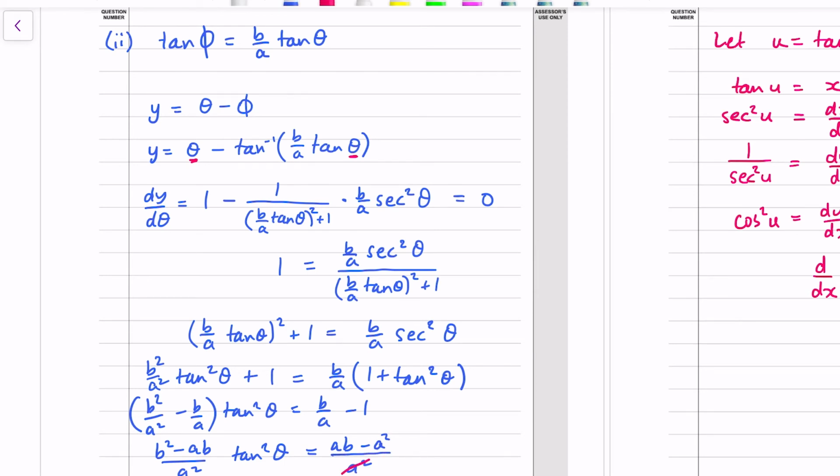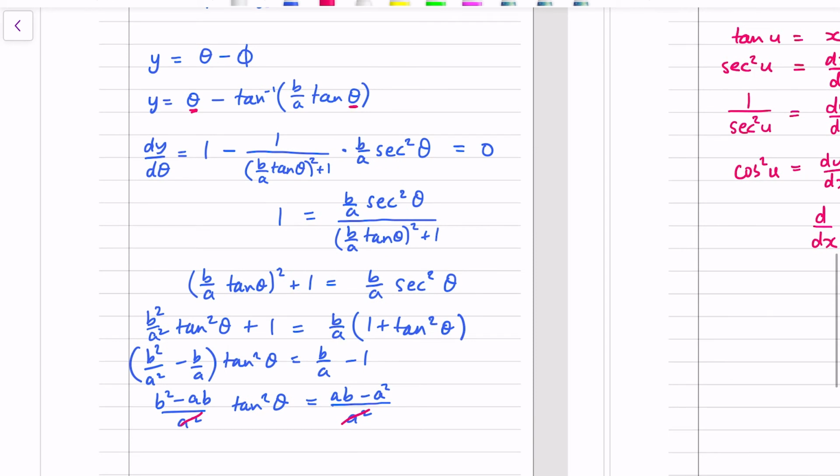Cancel the a squareds. Tan squared theta. This was supposed to be the easy way of doing it. Okay, that factors: a times b minus a over b times b minus a. Brilliant. Okay, it did actually simplify quite nicely.